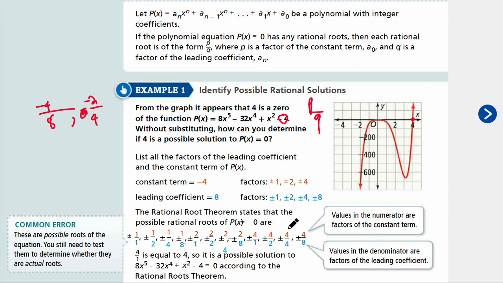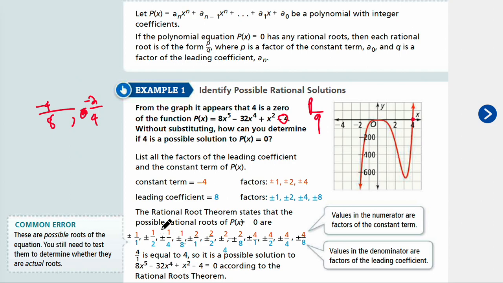There are some repeated numbers because we're listing all the different combinations of the factors of p and q. But if you look at it, 2 over 2 is the same as 1 over 1, right? They're basically the same number.